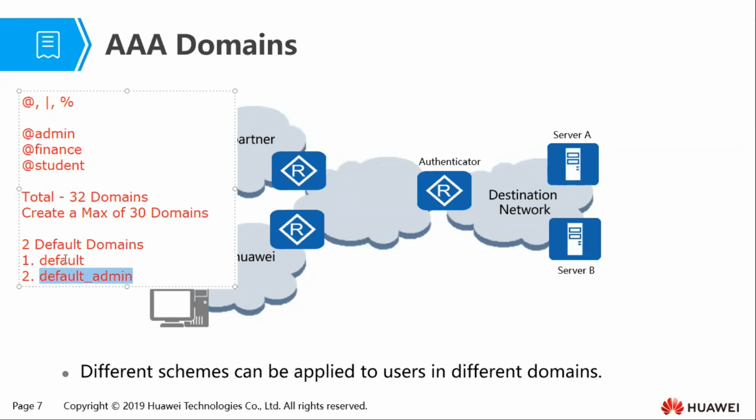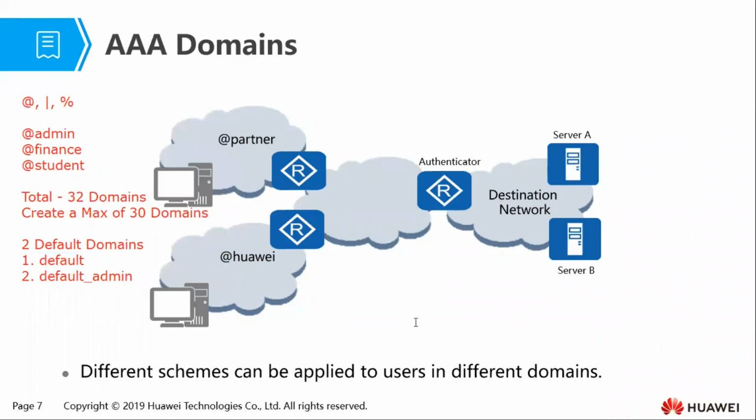Otherwise, if you're just trying to access the network resources as a normal user, we send you to the default domain. So it is on this domain that we apply a certain AAA scheme and not on individual people.